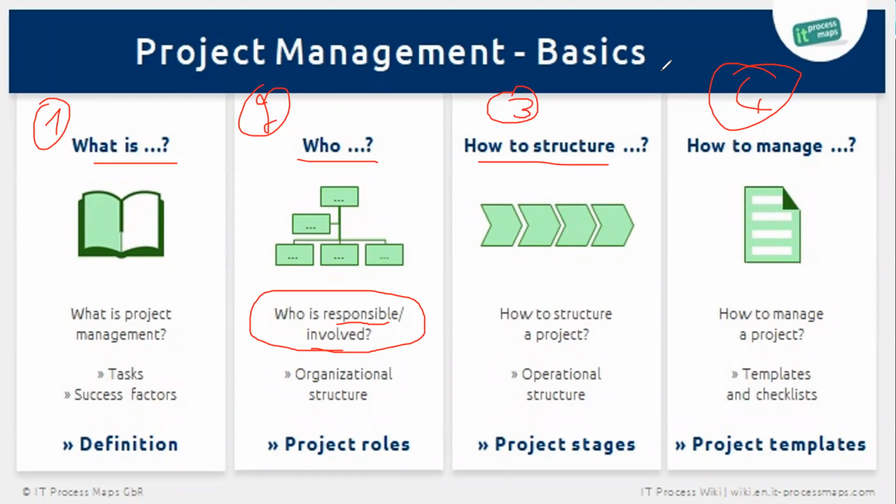Is this one completed, is something missing, have any problems occurred? So there's always going to be a follow-up. These four questions are the basics of any project management and any project lifecycle: understanding what the project is, who is involved with their responsibilities and roles, the structure of the project as phases, and how to manage the project.